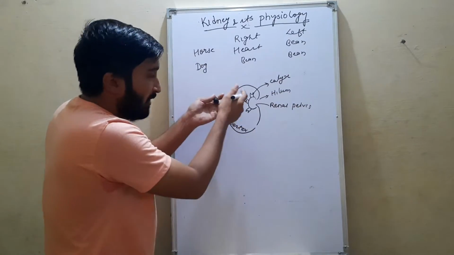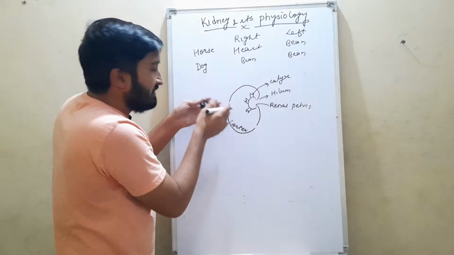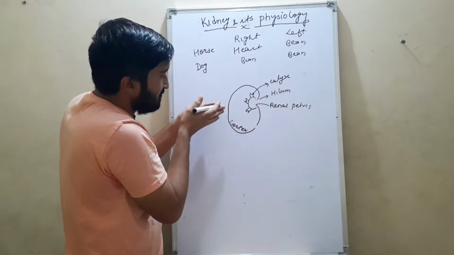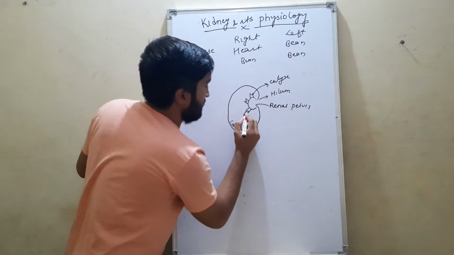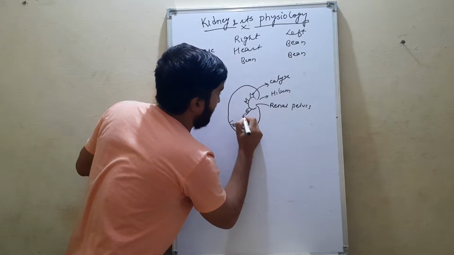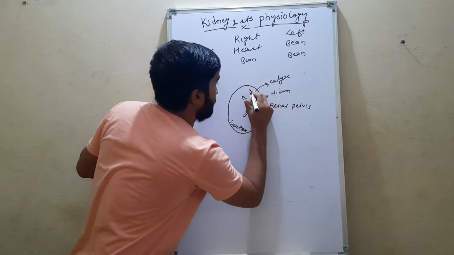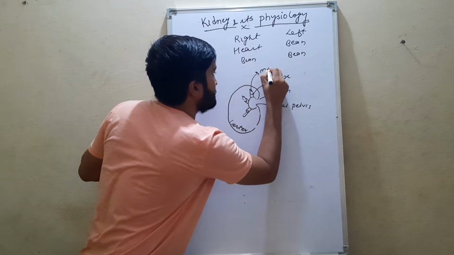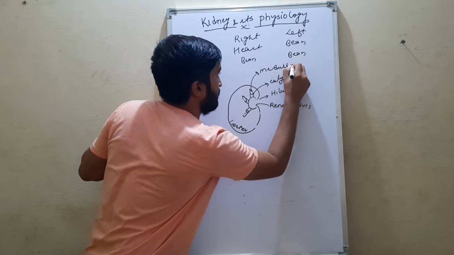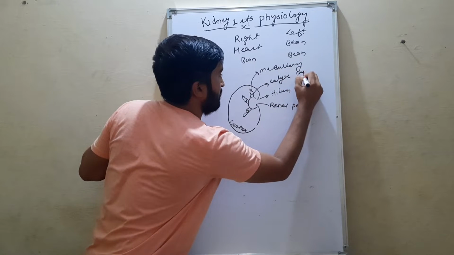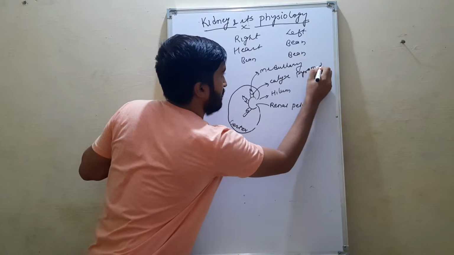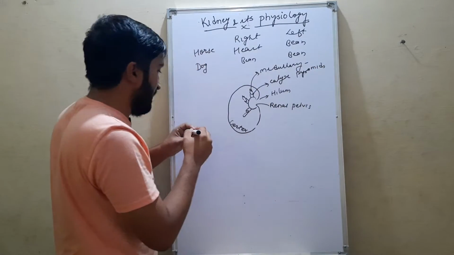Now the medulla part of the kidney is present in pyramidal forms projecting inside these calyx. So these are the medullary pyramids.